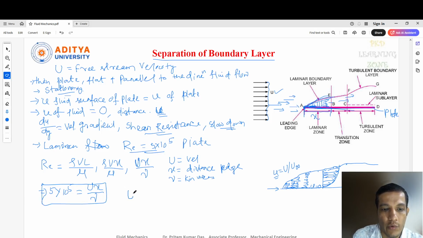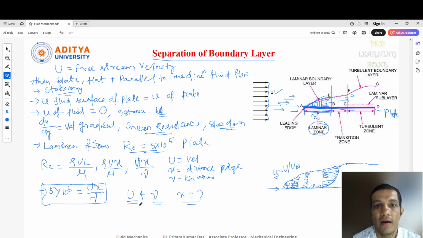If U and nu are given, that means the velocity and kinematic viscosity of the fluid are given, then we can calculate the x value. Then we can say up to what distance the laminar boundary layer exists, and that is called the laminar zone. So based on this x value, we can identify the laminar boundary layer.